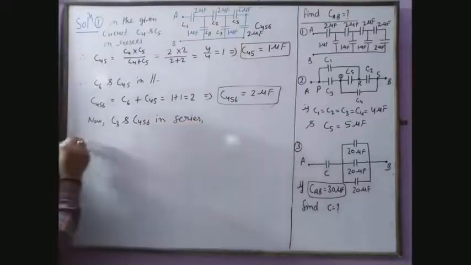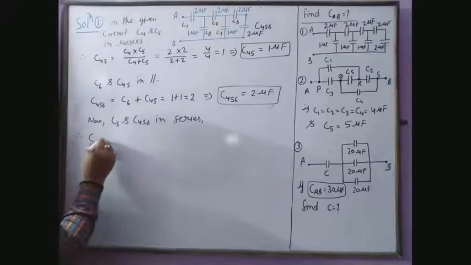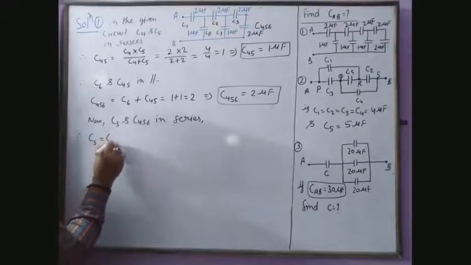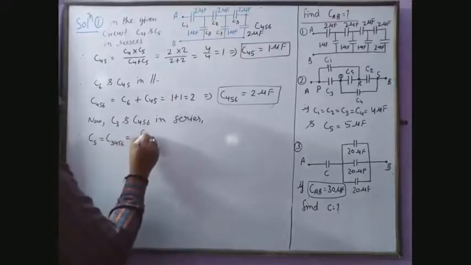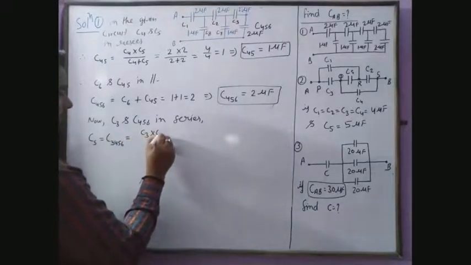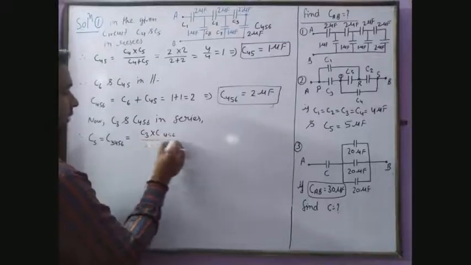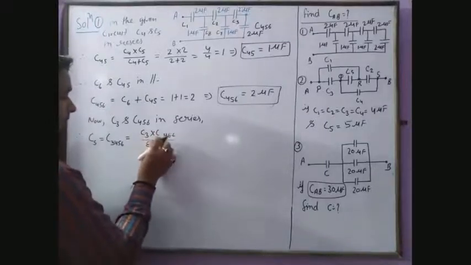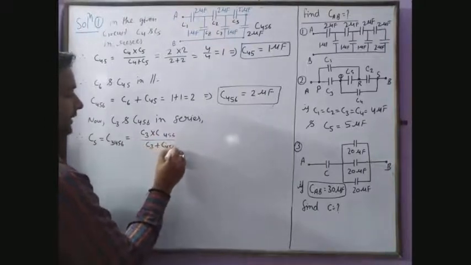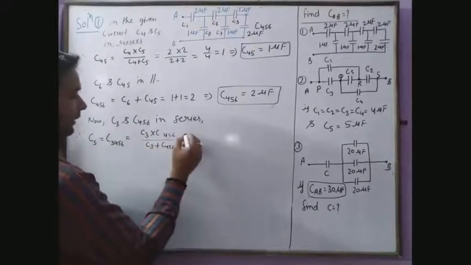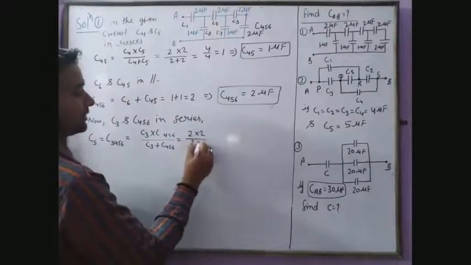Therefore you can calculate CS, which is C3456, equal to C3 into C456 upon C3 plus C456, which is 2 into 2 upon 2 plus 2.